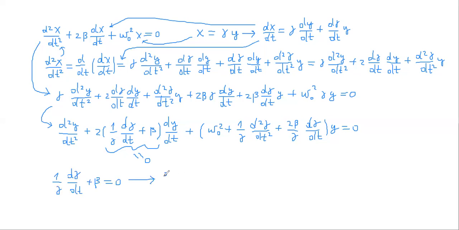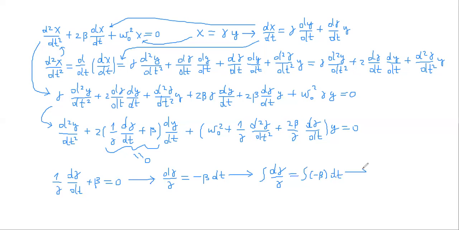So this will be dgamma divided by gamma is equal to minus beta dt, and this can be integrated. dgamma divided by gamma is equal to integral of minus beta dt.